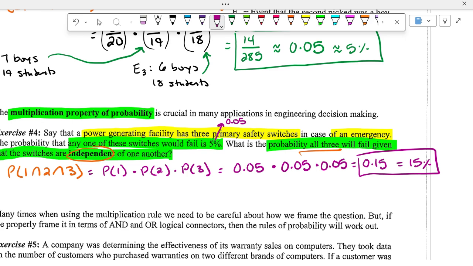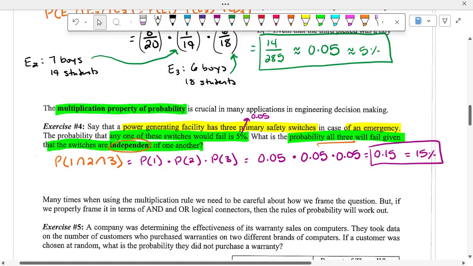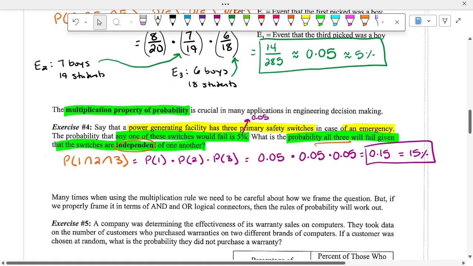I mean, it's not a bad probability, but it's still a little high for my liking. Most engineers typically want that to be in the lower than 10 range. So a 15% chance is still a little too high. It's low, all things considered, but in terms of human safety, that's a little bit too high.